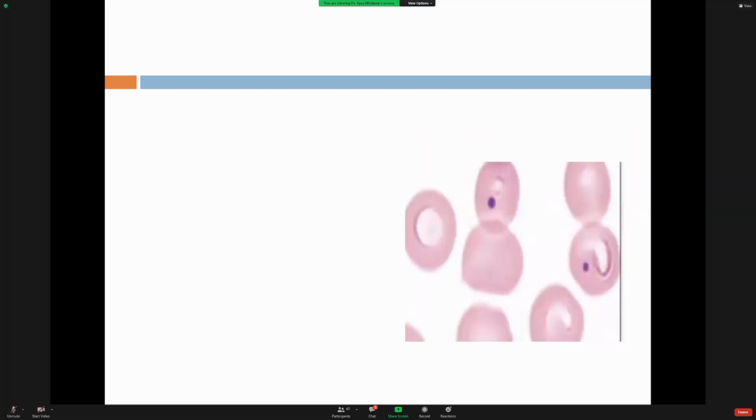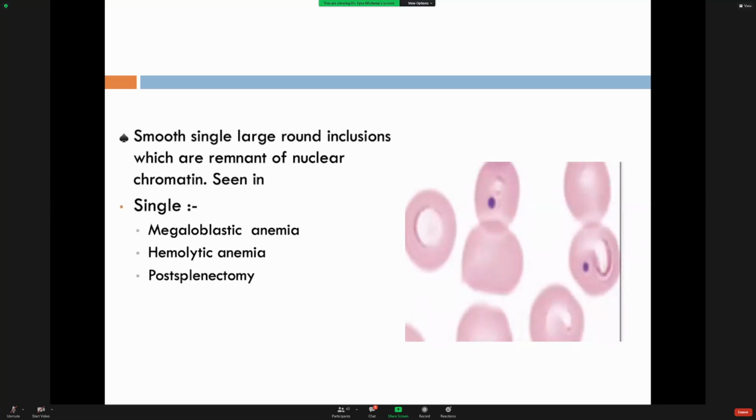What do you think? Smooth single. الجولي بادي دكتور؟ طيب smooth single large round inclusions which are a remnant for nuclear chromatin seen either single في الميجالوبلاستيك انيميا والهيمولوجيك انيميا والبوست سبلينكتومي تكلمنا امس عليها، وcould be تكون multiple either we can see it with megaloblastic anemia والابنورمال erythrocytosis. من اللي قال Howell-Jolly bodies؟ انا عبد الله دكتور.